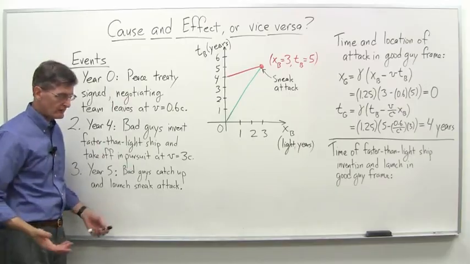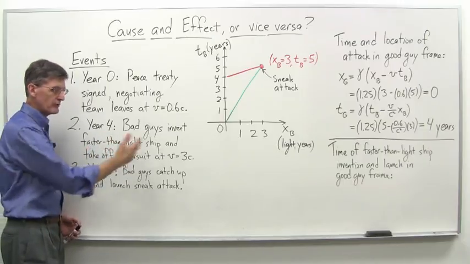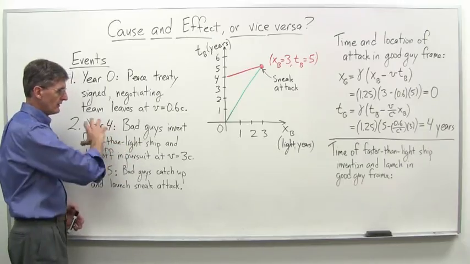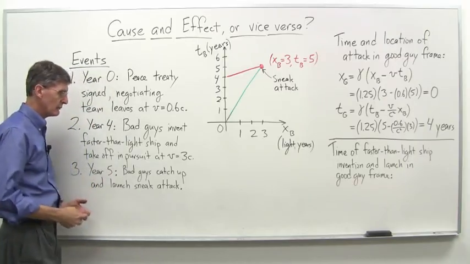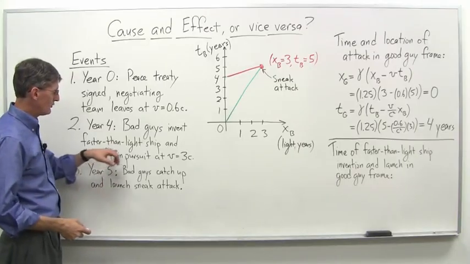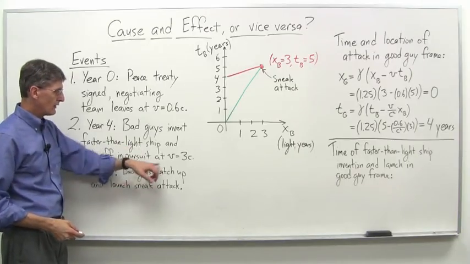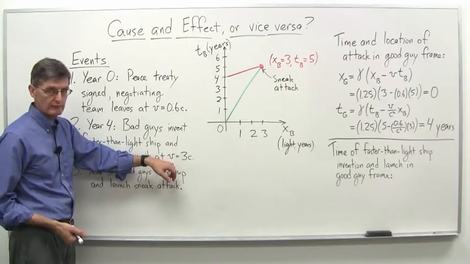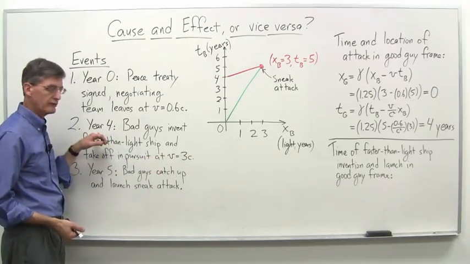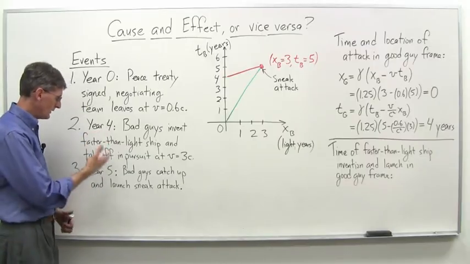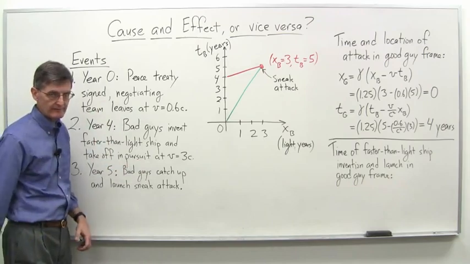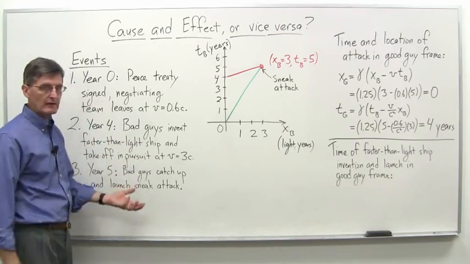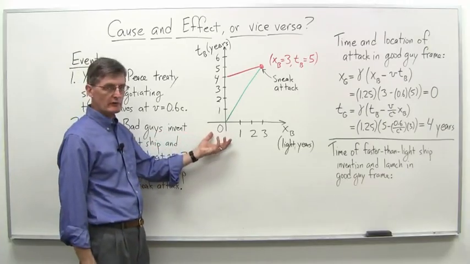And being bad guys, they say, we're going to take off in pursuit of the good guys, our enemies, because now we have a chance to really put it to them. And so they use their faster-than-light ship and take off at a velocity of 3 times the speed of light. And that happens in year 4. Then in year 5, they're able to catch up to the good guys, and they launch a sneak attack against them. So diagrammatically, on a space-time diagram, this is what it looks like.